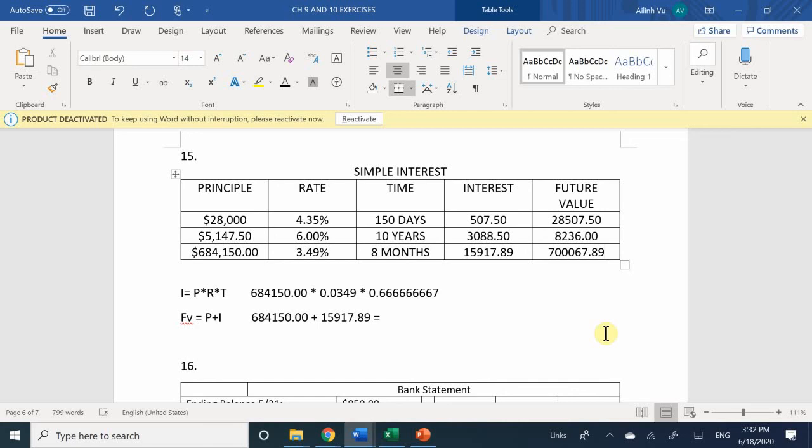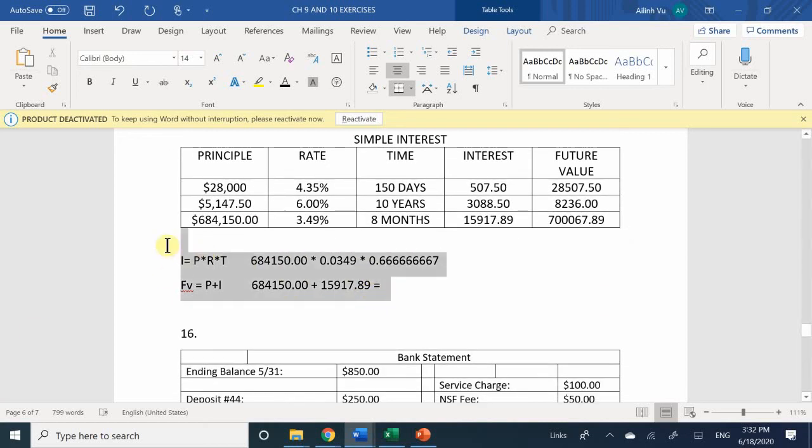Yes, it is, 700,067.89. I knew that couldn't be right, and that's what was confusing me. What makes you come to the conclusion that it couldn't be right? I think I thought it was just too much, but it wasn't sinking in that I'm dealing with $684,000, not $100,000.